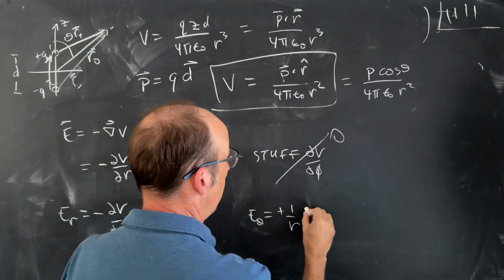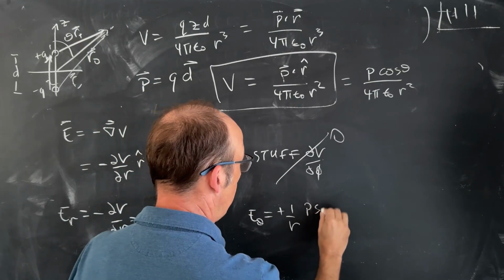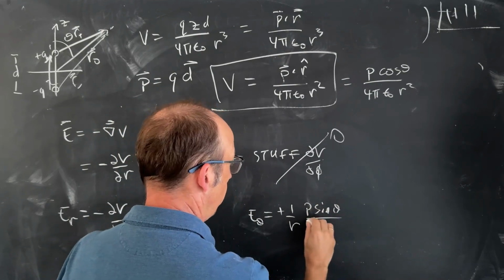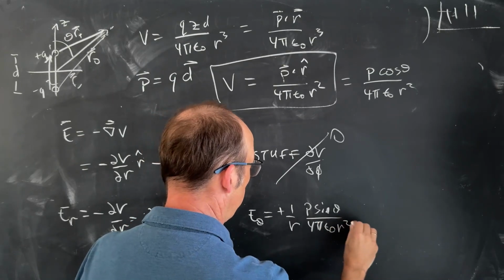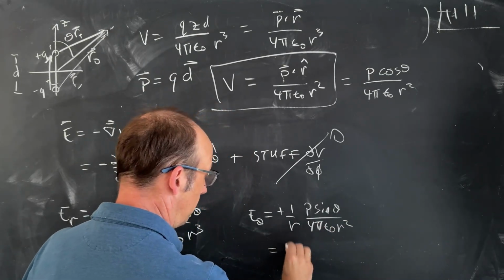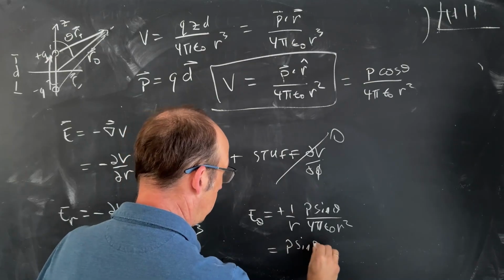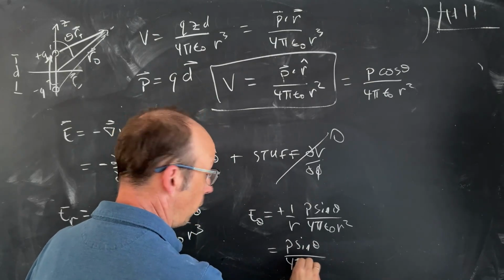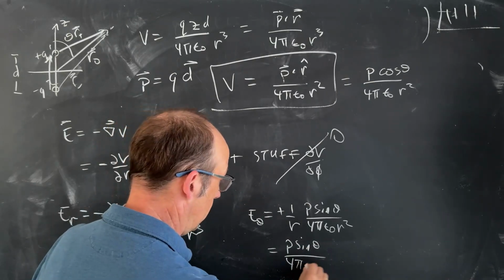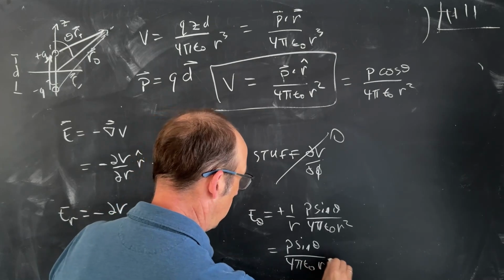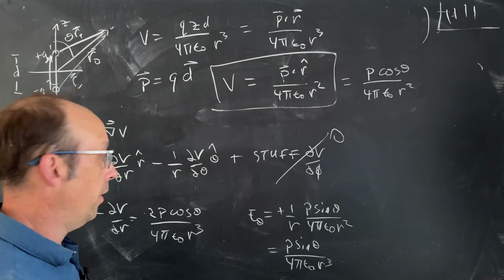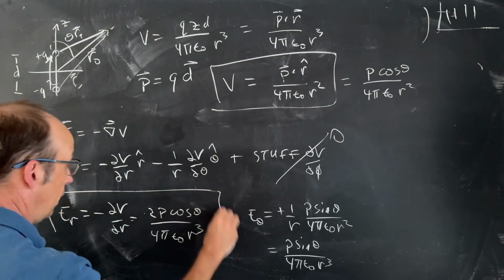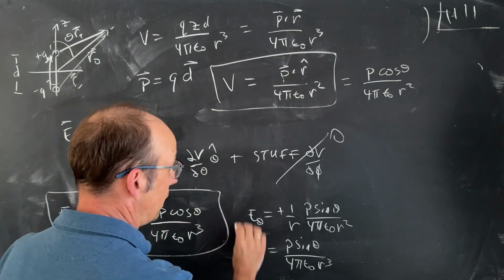So I get p sine theta over 4 pi epsilon naught r squared, and with the 1 over r, this is going to be equal to p sine theta over 4 pi epsilon naught r cubed. So there I have my electric field in the r direction and in the theta direction.